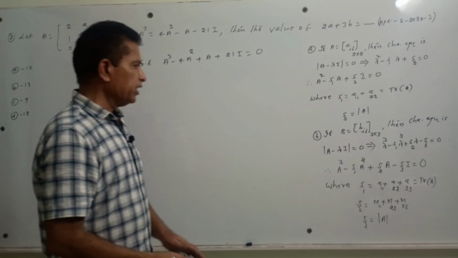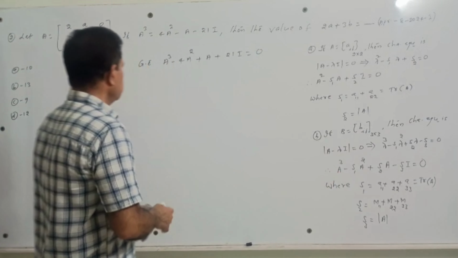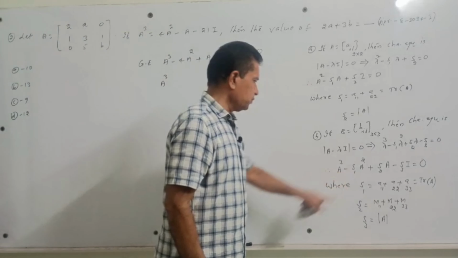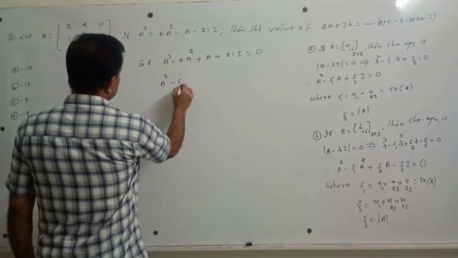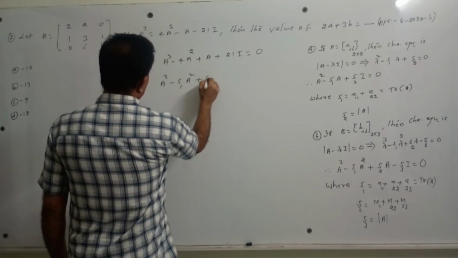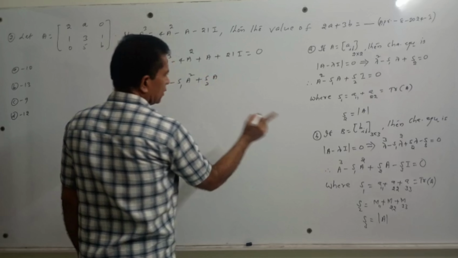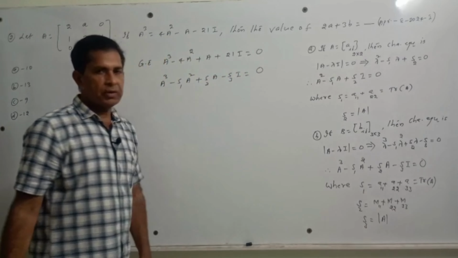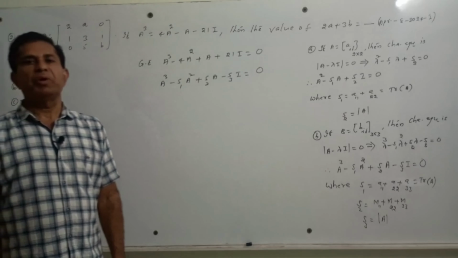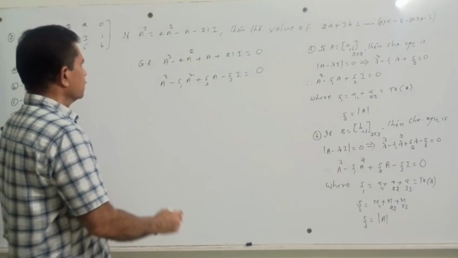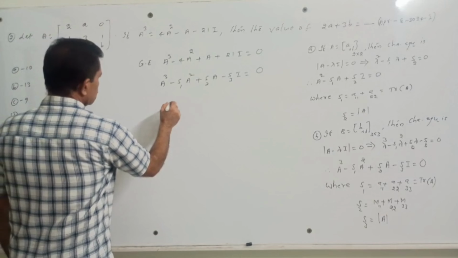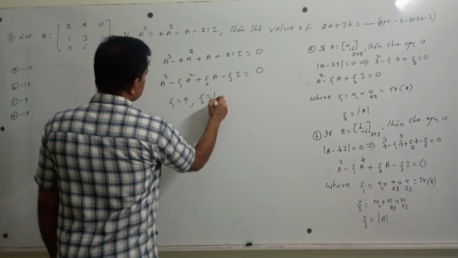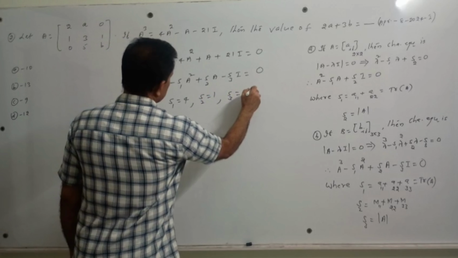Now compare with the standard form, A cube minus S1 into A square plus S2 into A minus S3 into the identity matrix is equal to the null matrix. Just comparing with the standard equation, S1 is 4, S2 is 1 and S3 is minus 21.